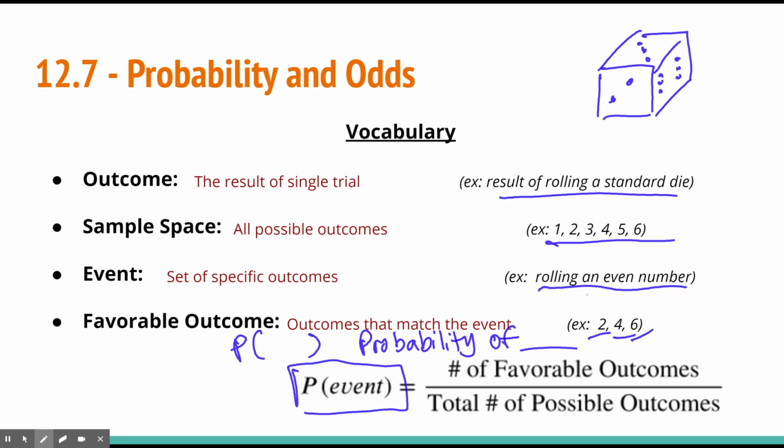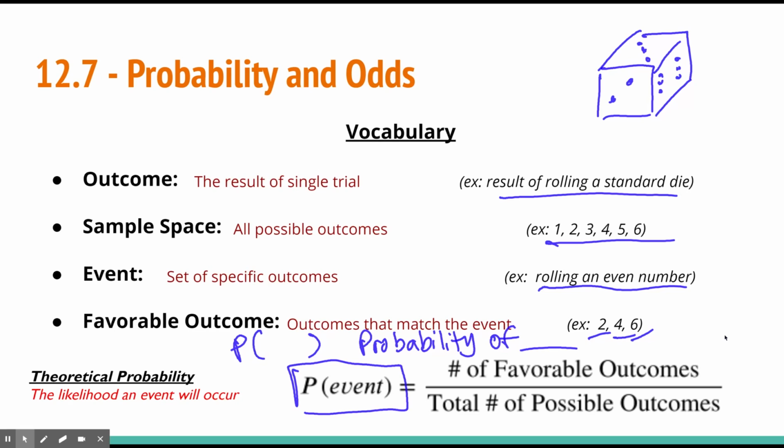We're going to take our number of favorable outcomes and divide that by the total possible outcomes, our sample space. That's our theoretical probability. That word theoretical, we're not going to say all the time, but that's what we're going to be calculating. The theoretical probability is the likelihood that an event will occur.